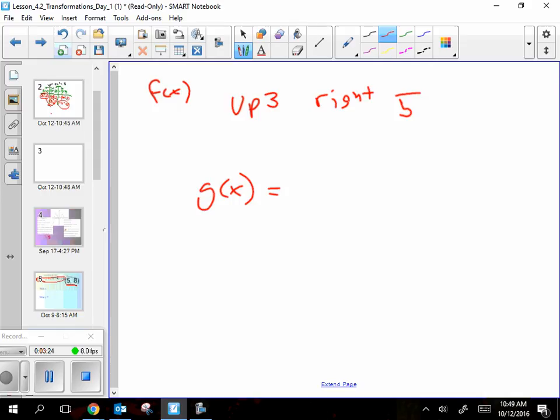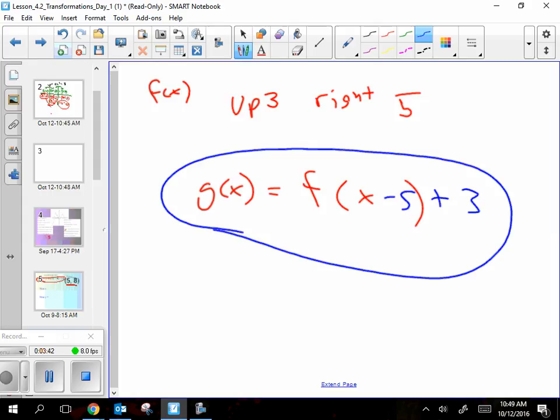And g of x will be my old function, except here's how to show it math-wise, that it moved up 3 and right 5. This is just trying to say, take your original function and move it right 5 and up 3, and you'll get your new function called g.